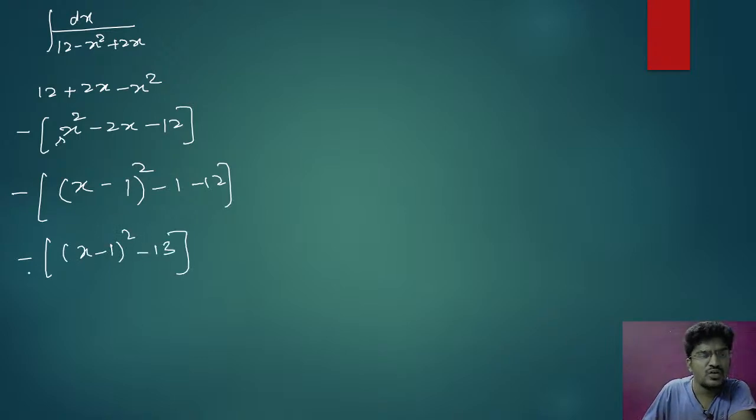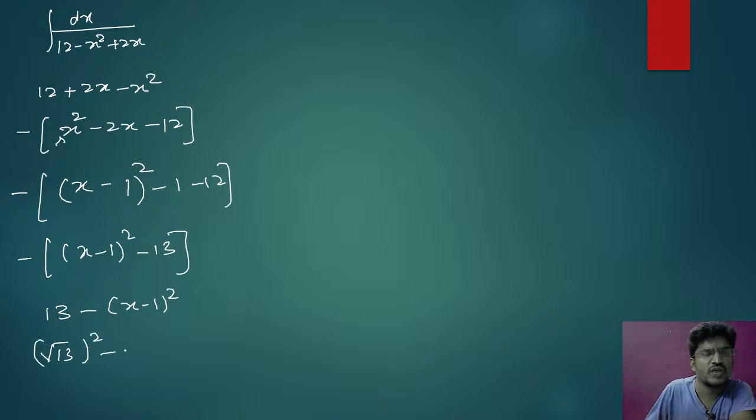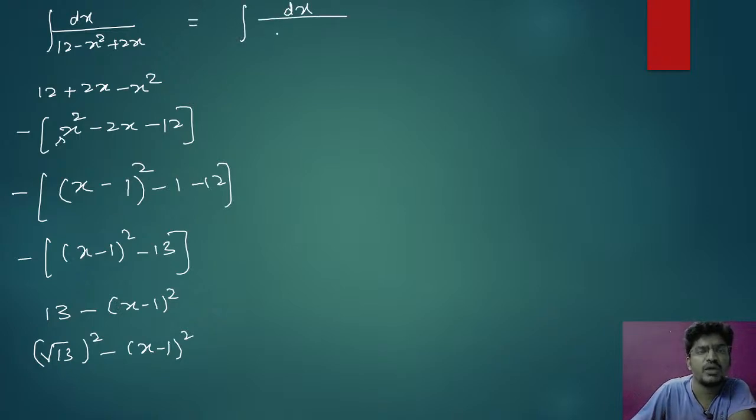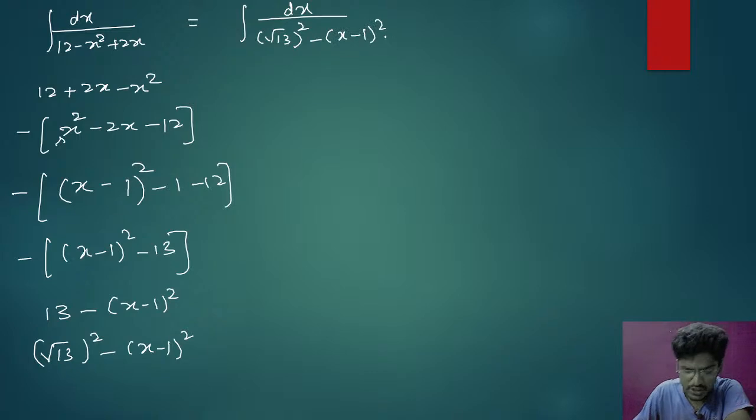Okay. So now take negative sign inside the bracket. Minus into minus will be plus 13. And this sign will be minus of x minus 1 whole square. So now you can write it as root 13 square minus of x minus 1 whole square. So now this will be equal to integration of dx divided by root 13 square minus of x minus 1 whole square.